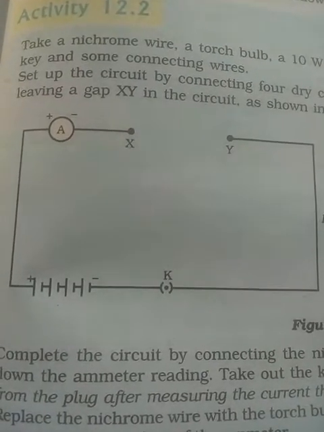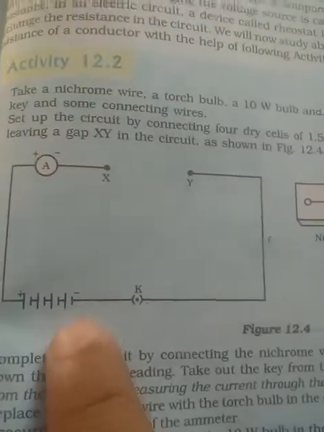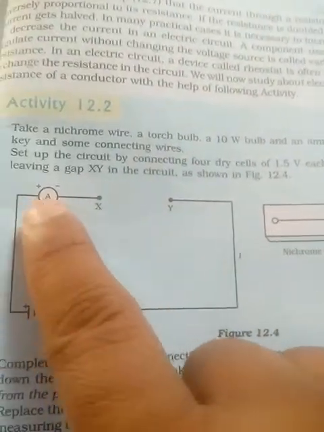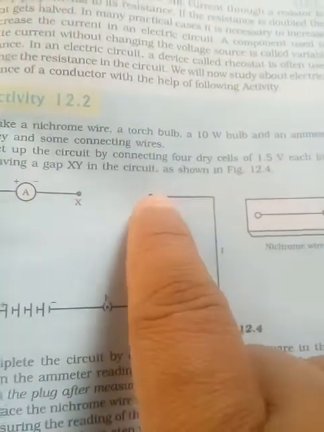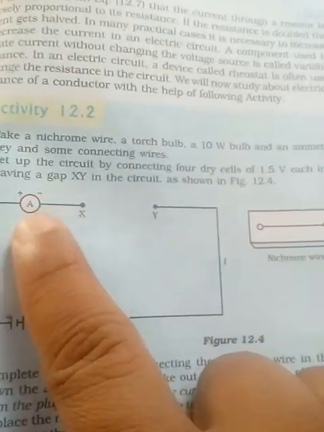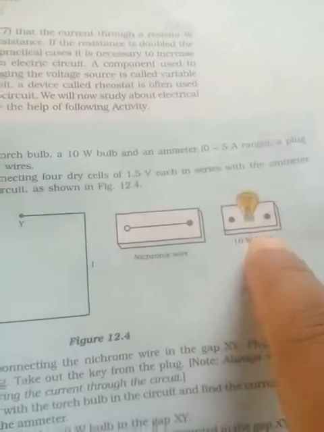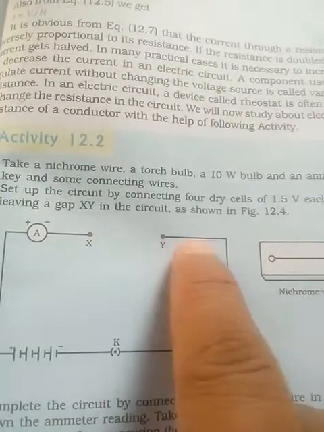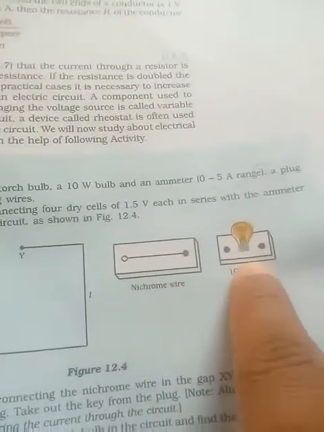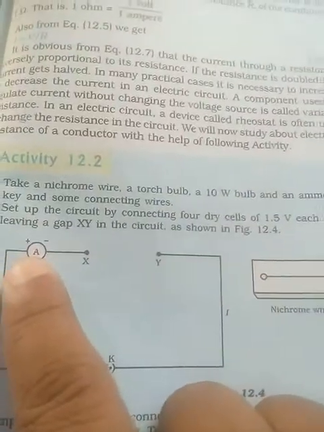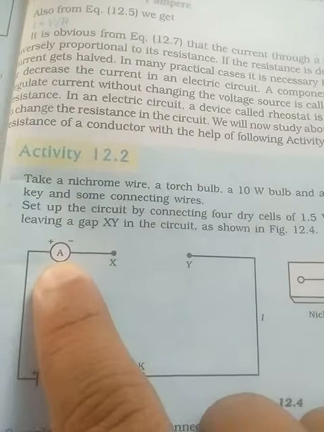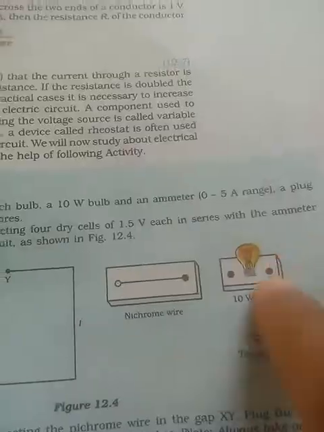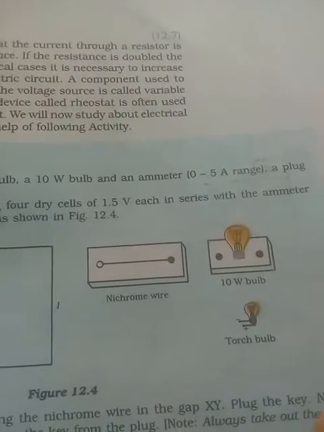When you switch on the device, that means pressing the key, what will happen when you connect the nichrome wire? As it offers high resistance, the ammeter reading will be very less. Next, when you connect the 10 watt bulb in this gap XY, the reading in the ammeter will be somewhat increased, because the 10 watt bulb doesn't have that much resistance.